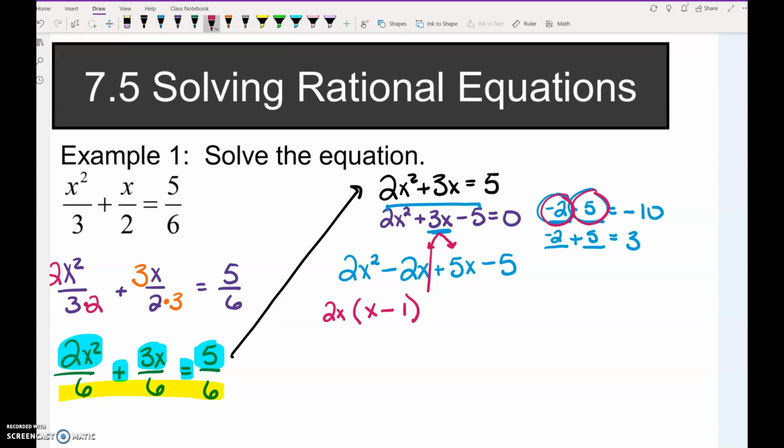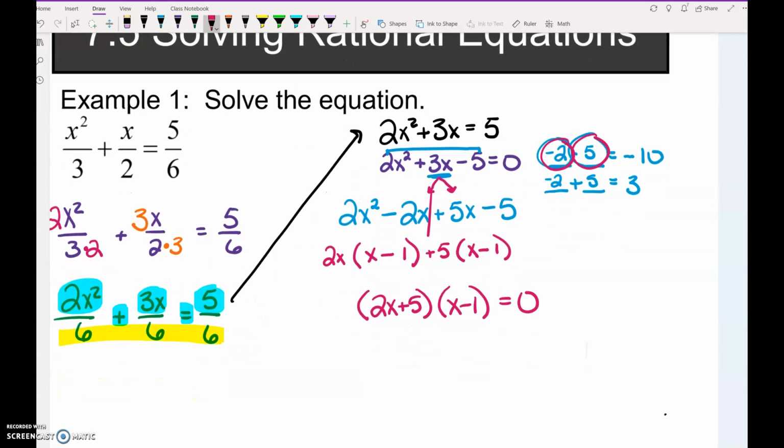Negative 1. What do 5x and negative 5 have in common? 5. And that would leave us with x minus 1. So our factored form is 2x plus 5 times x minus 1 equals 0.